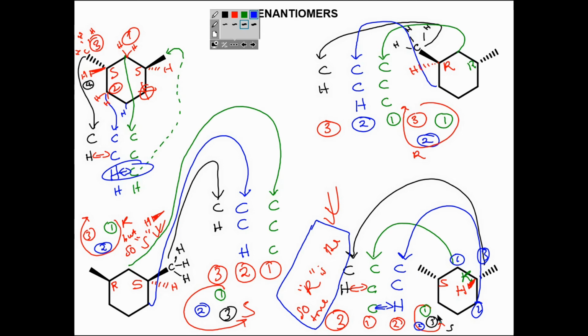Right, so you're going 1, 2, 3, you're going S counterclockwise. Because that's counterclockwise and S, the smallest group here is a bold wedge hydrogen. So if you get an S, the true assignment should be an R. So since this is an R, that should be an R.